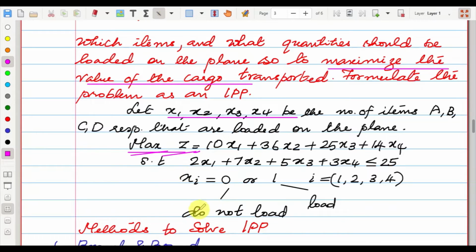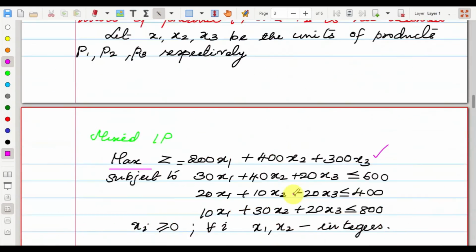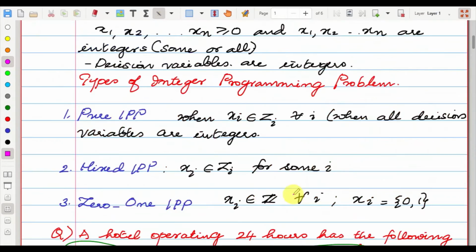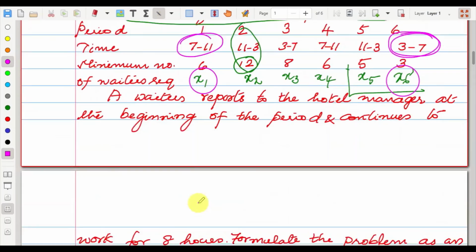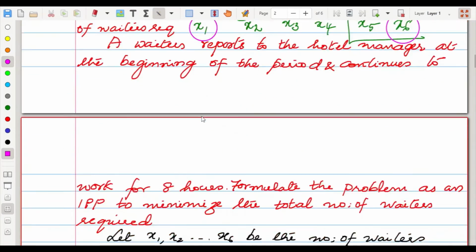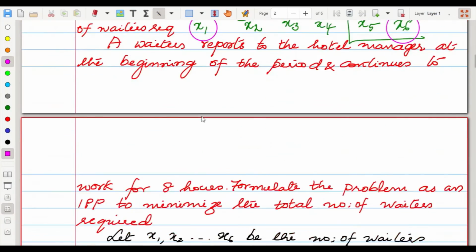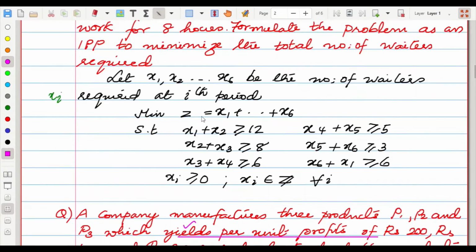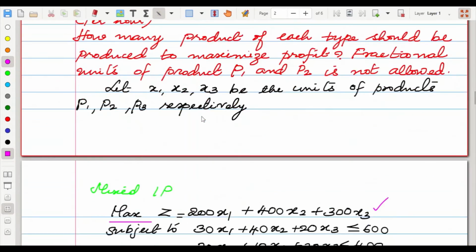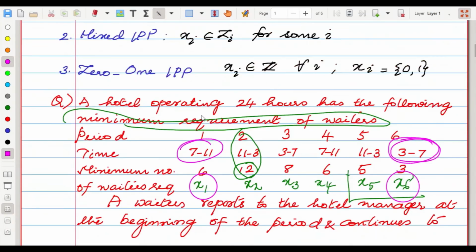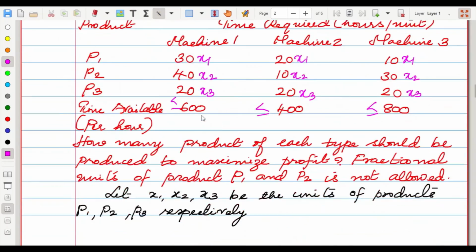So xi equal to 0 or 1. This one is an example for 0, 1 IPP. The first problem is based on pure IPP and the second problem is based on mixed IPP and the last problem is based on 0, 1 IPP.